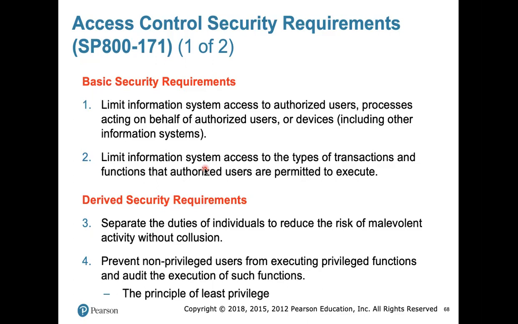Number four talks about preventing non-privileged users from executing privileged functions and auditing the execution of such functions. Let's assume we have two authentic users, Alice and Bob, and they both are allowed to access some properties, of course different properties, different resources.